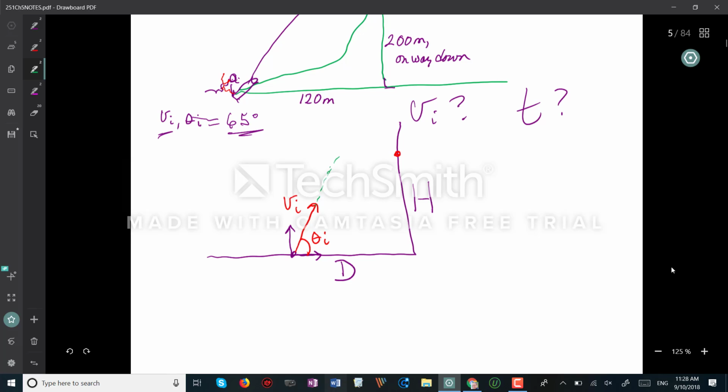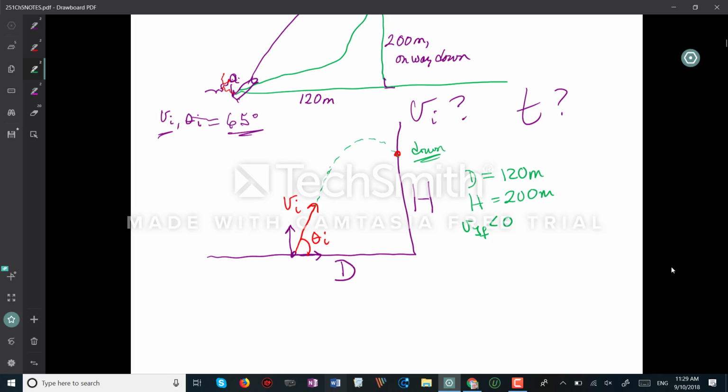Okay. And we said down. That was our other constraint, right? So, D is 120 meters. H is 200 meters. Vy is less than 0. Vy final is less than 0.